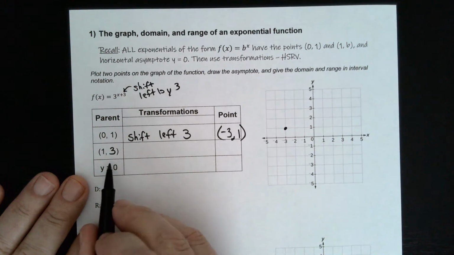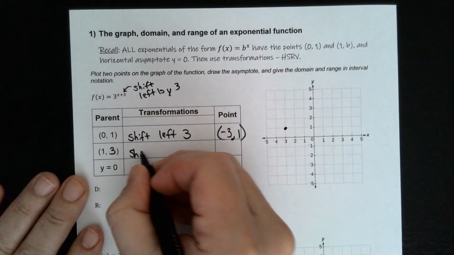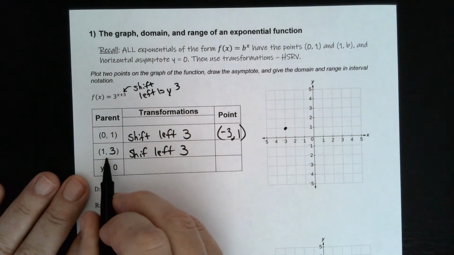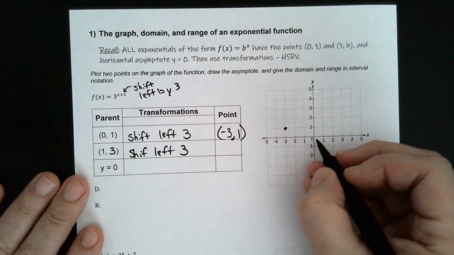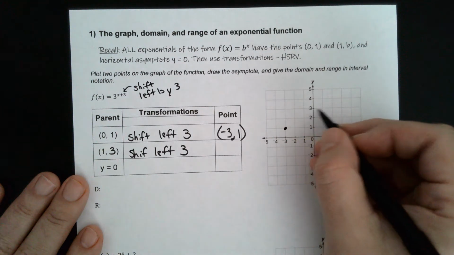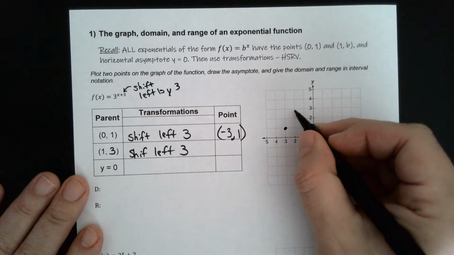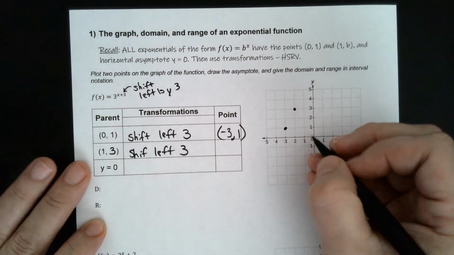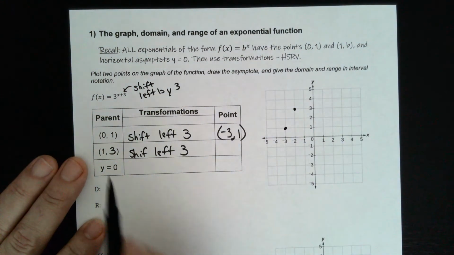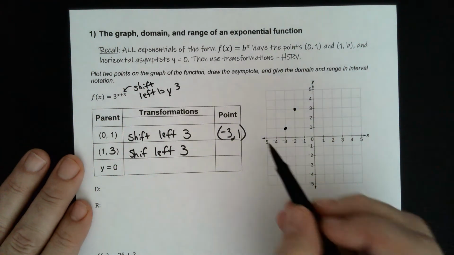And again, we'll do a shift left 3. This would be (1, 3) originally, but we're going to move it over to the left by 3. So 1, 2, 3, it is here. We also have our asymptote here, which is going to be like this.